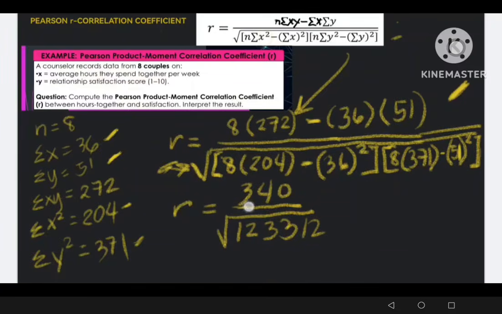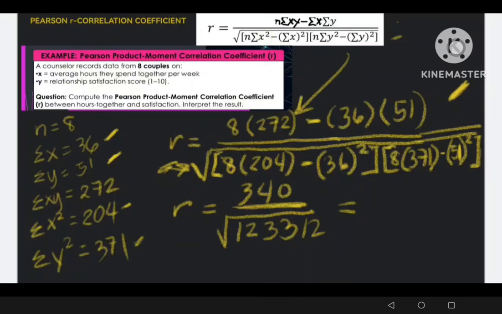So we have here 340 divided by the square root of 123312. If we calculate that in our calculator, just divide: 340 divided by the square root of 123312.